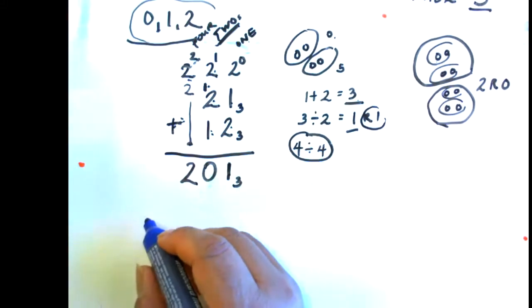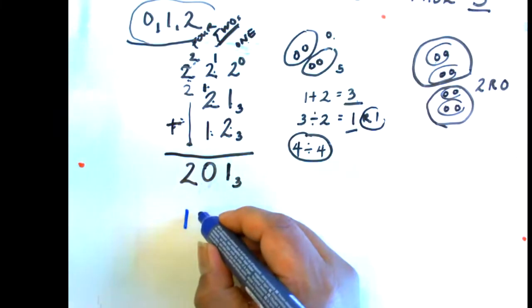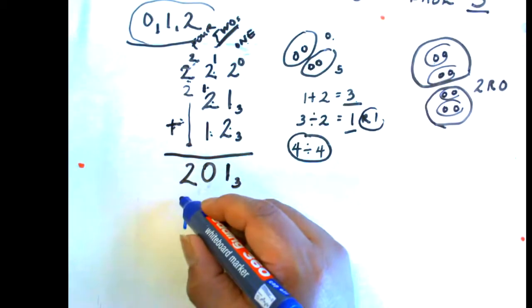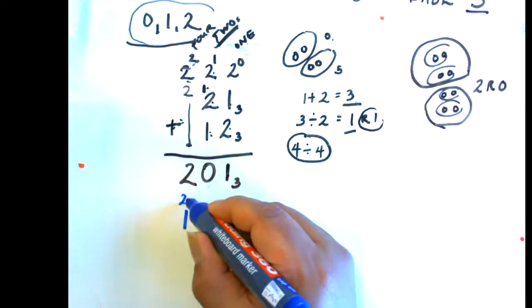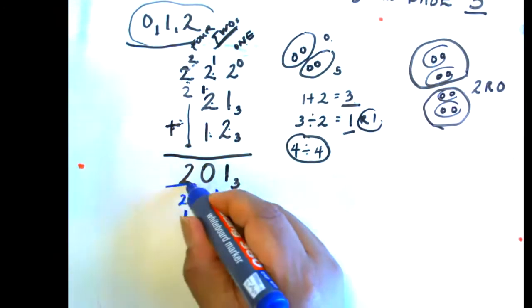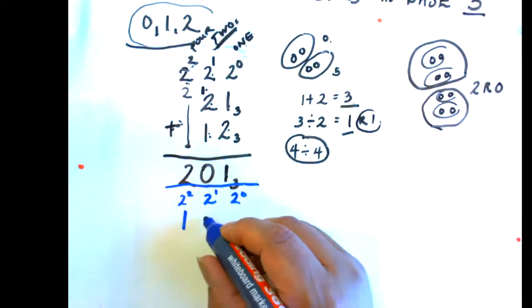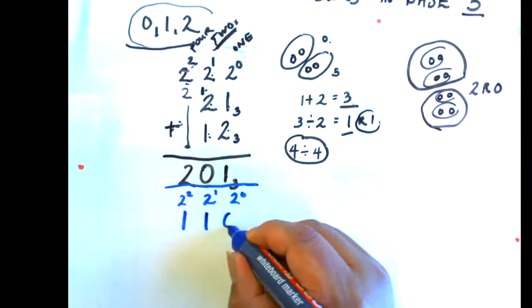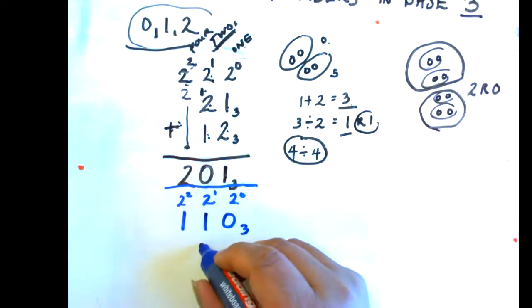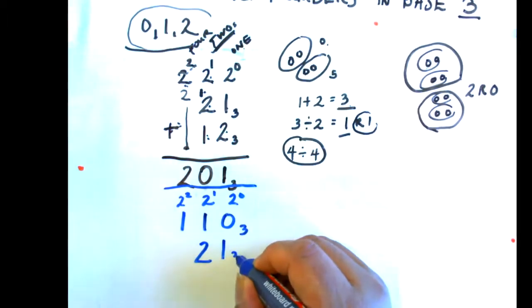Let's say 1 group of 4, 1 group of 2, and 0, in base 3. And then we add 2 groups of 2 and 1, 1, in base 3.